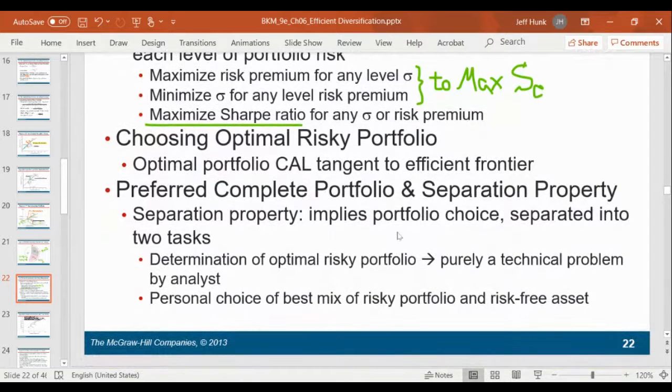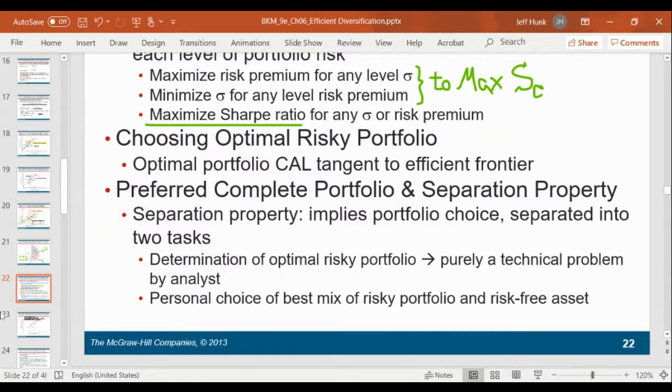The separation property implies portfolio choice is separated into two tasks. One, determination of the optimal risky portfolio is a purely technical problem for the analyst. And then the personal choice of the best mix of risky portfolio and risk-free assets is another thing, for the investor.